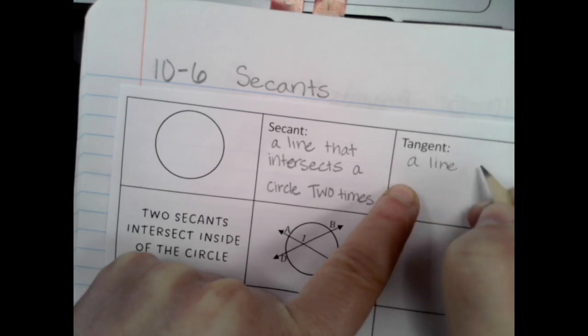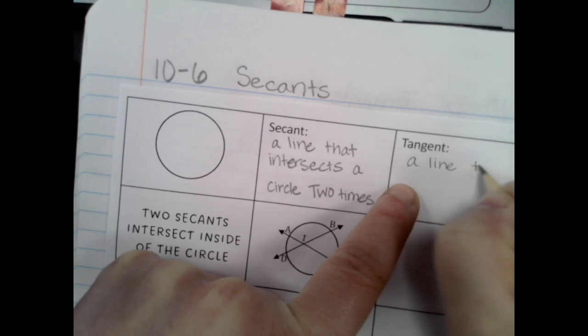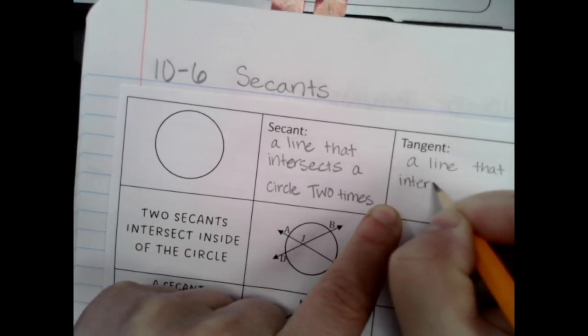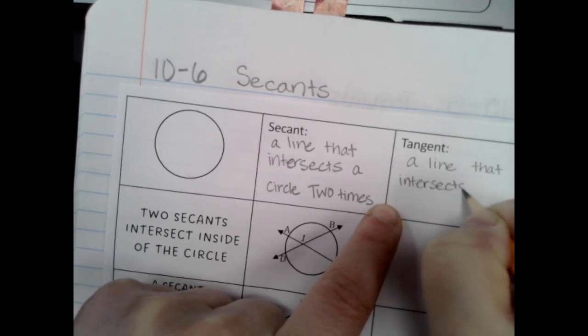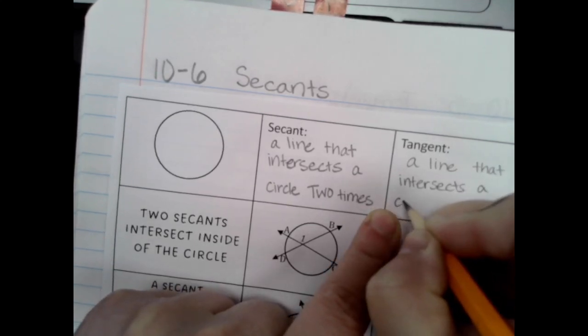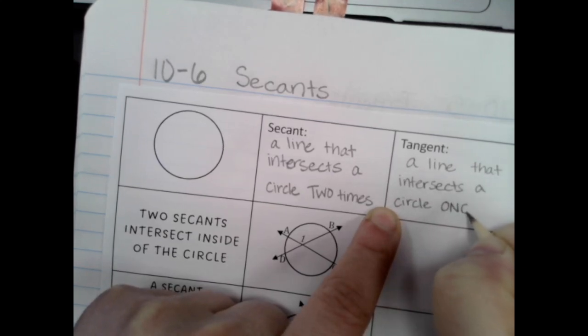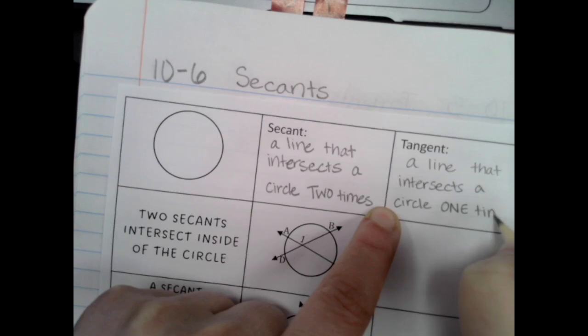A line that intersects a circle 1 time. And again, I'm going to capitalize that word 1 because that's our difference. It's 1 time or 2 times.